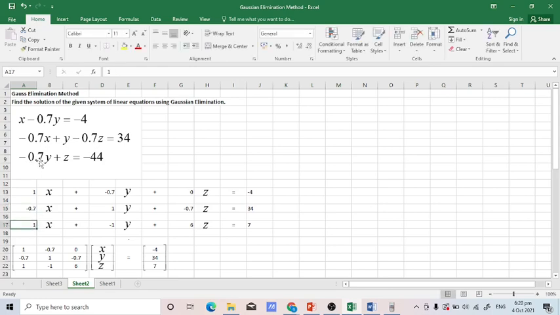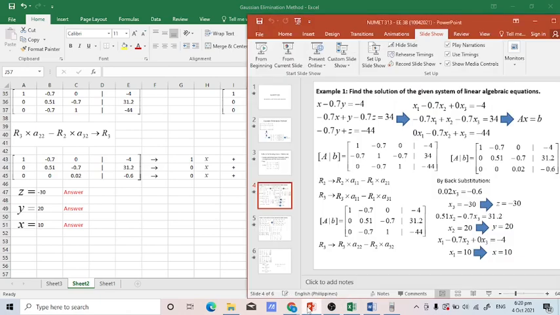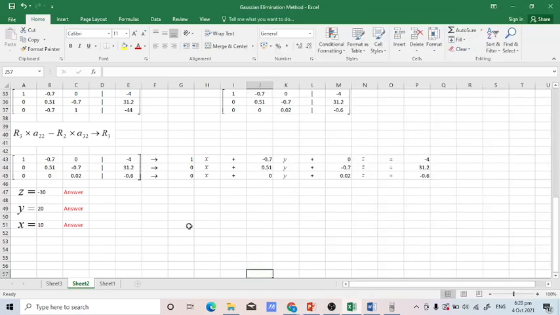Then 0x, negative 0.7y. Okay, 1z, negative 44. Check ulit natin. O yun, tama pa rin. Negative 30, 20, 10. Okay? Any question?